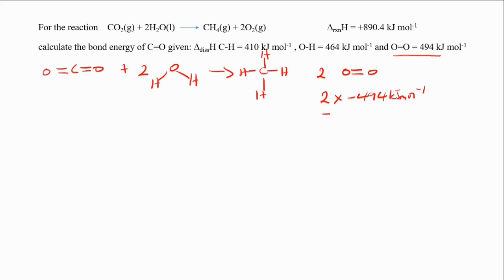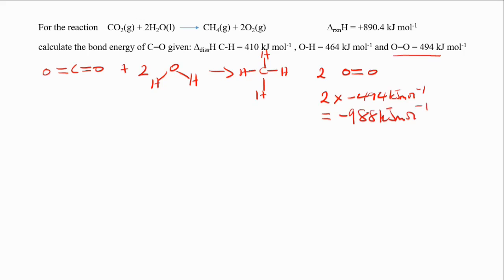Let us calculate that: 2 times minus 494 gives minus 988 kilojoules per mole.